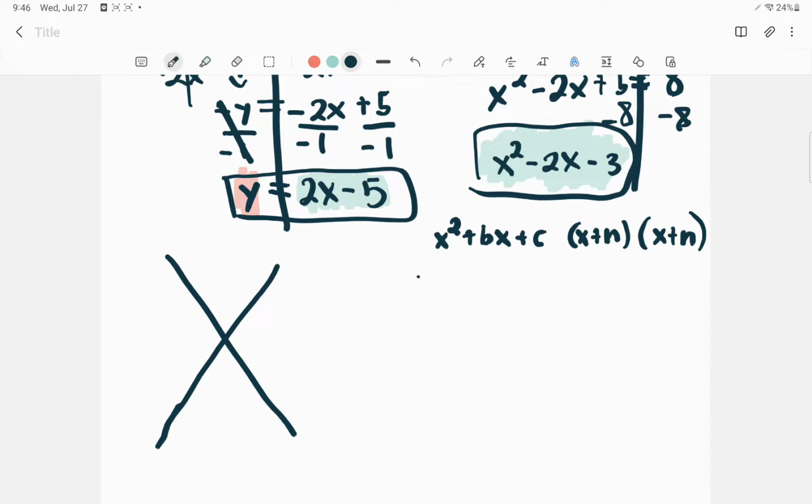This is how your answer is supposed to look. Okay. So if your problem looks like this, I'm highlighting it right now as I'm speaking, then your answer looks like this. You're going to have two different parentheses. You're going to have x plus a number.